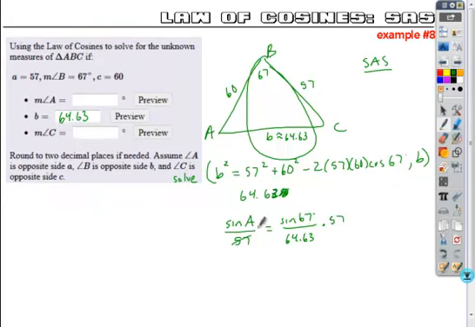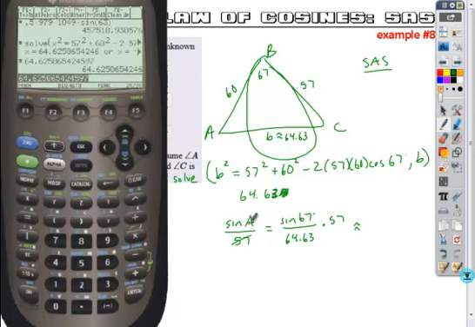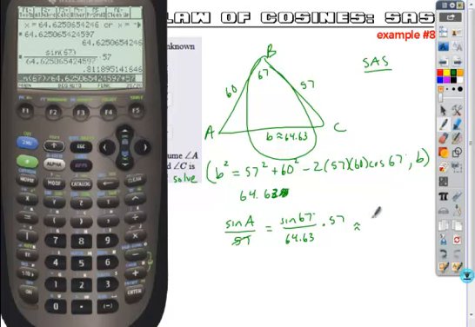Now when I do my calculation here, remember, if I'm finding a variable embedded in a trig ratio, I'm not going to use the solve feature of my calculator. I'm just going to calculate it out on the calculator. So sine of 67 divided by this measure, times 57, hit enter, and I get my ratio, 0.8119.